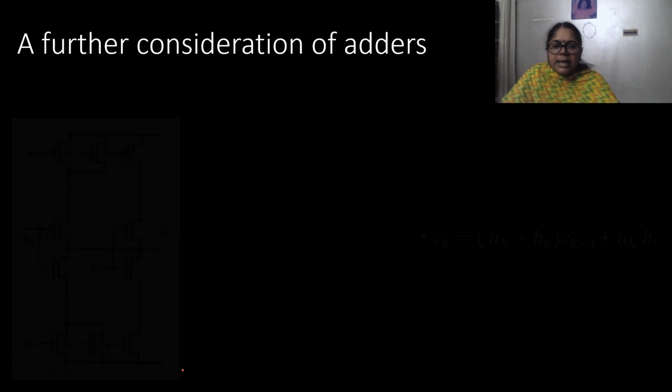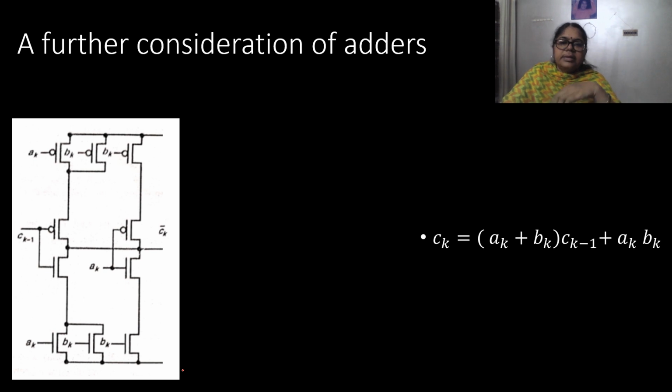Thus, we can make use of the CMOS circuit to design the adder cell. We know that C = (A + B) into old carry + AB. So, for A + B, we have two NMOS transistors in parallel to which we are giving A and B as the inputs.